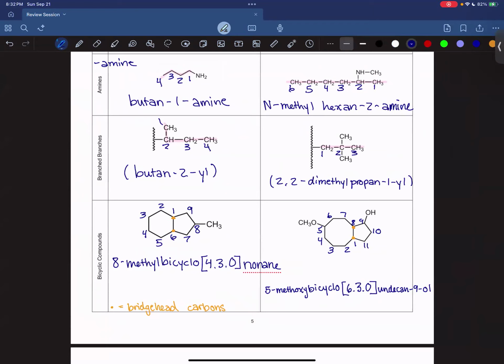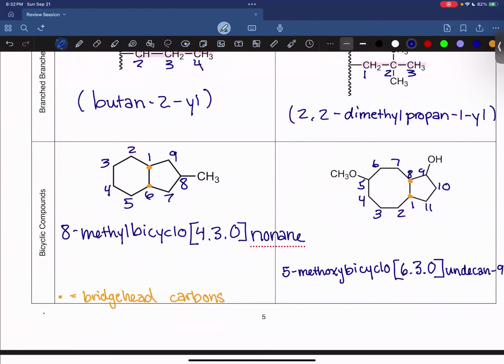Yeah, so the first number in the bracket, I'll write it here. The bracket is going to be a number, dot, number, dot, number. Oops, actually there's not a period there, I lied.